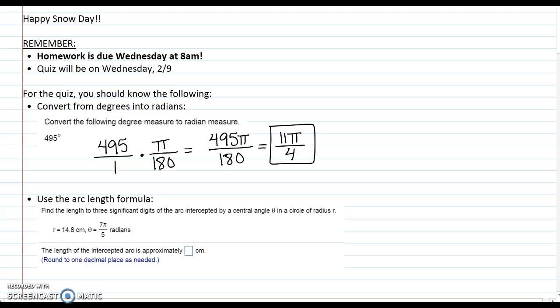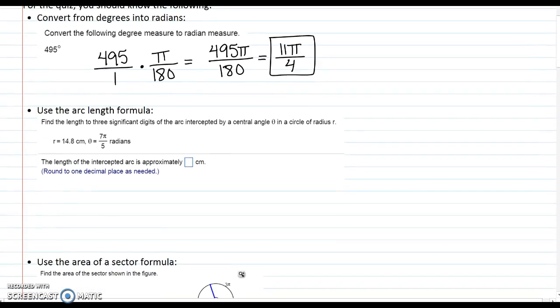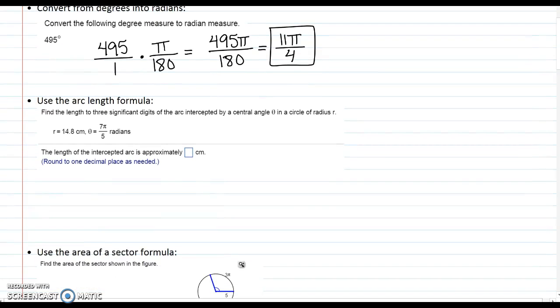You also need to remember how to use the arc length formula. That formula is S equals R theta, where R is the radius of the circle, theta is the central angle, and S is the arc length. The theta has to be in radians. For this particular problem, which I copied from your quiz, the theta is in radians.